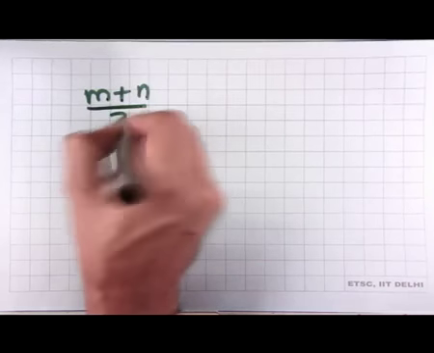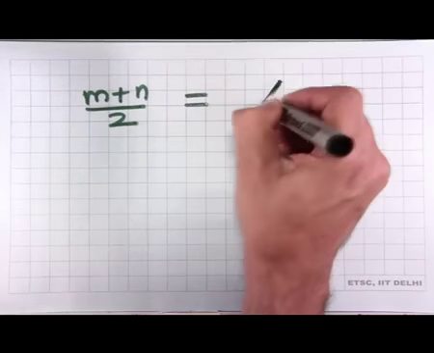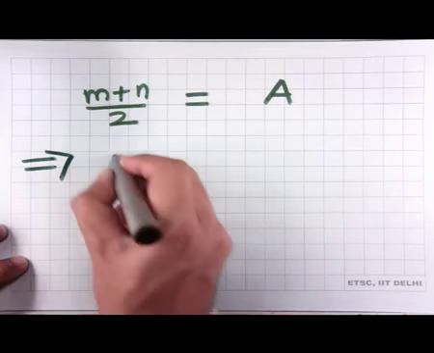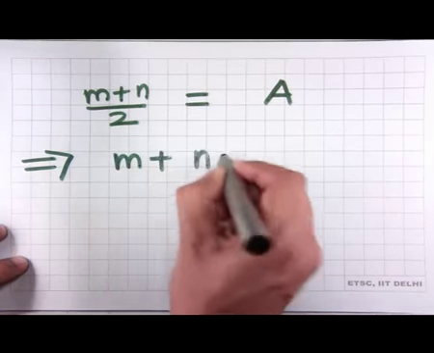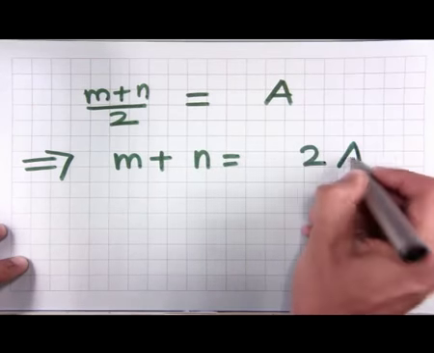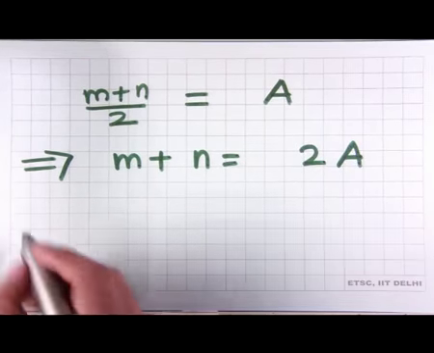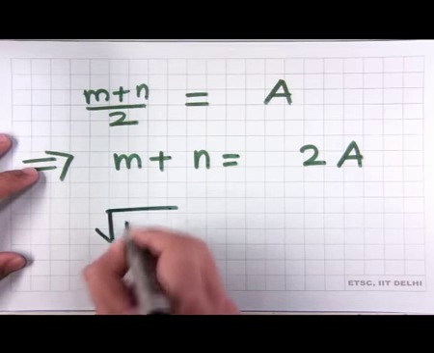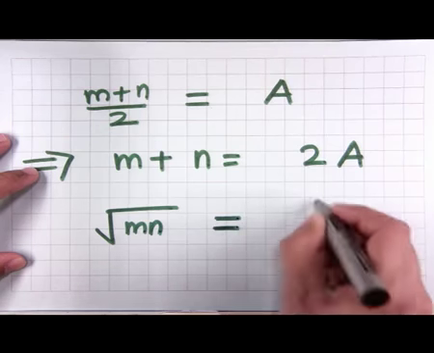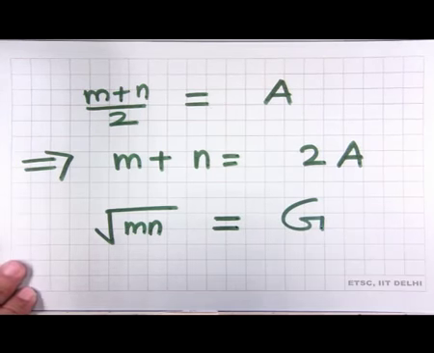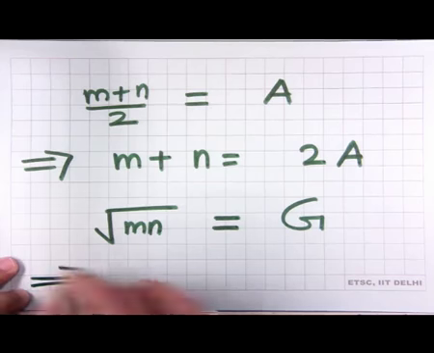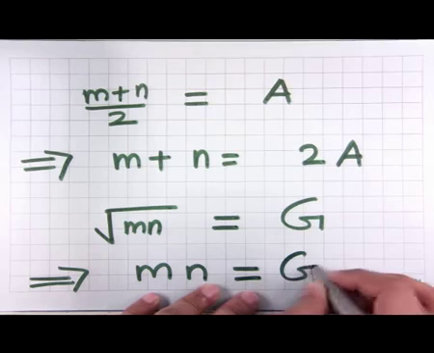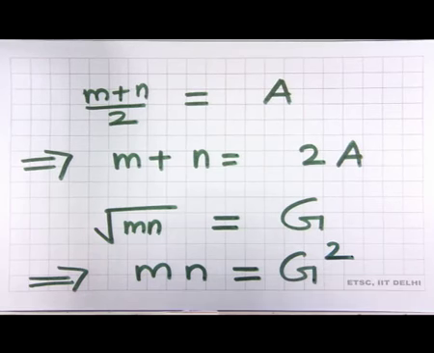Thus, (m plus n) by 2 is given to be capital A, which gives the sum of the two unknown numbers which we are seeking as 2A. Geometric mean of m and n, which is root mn, is given to be G. That gives the product of the unknown numbers m and n, which we are searching for, is G square.